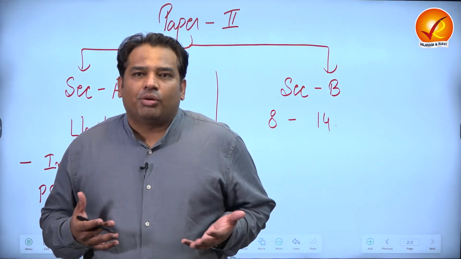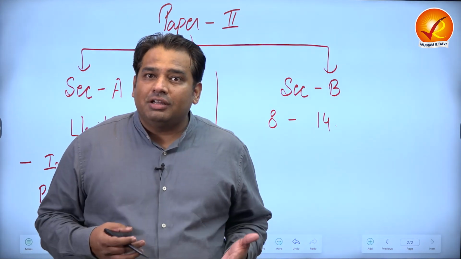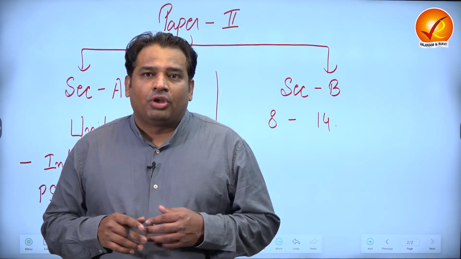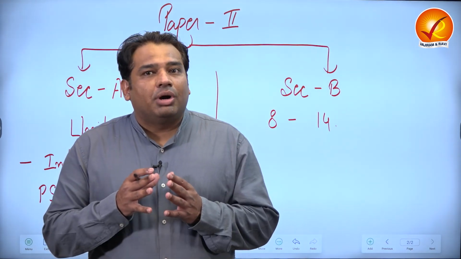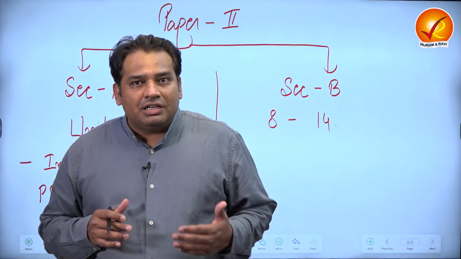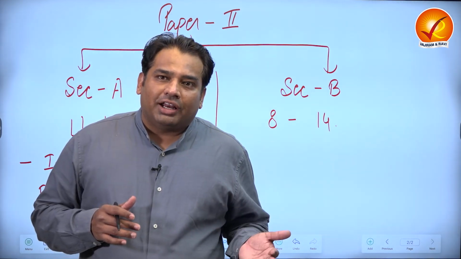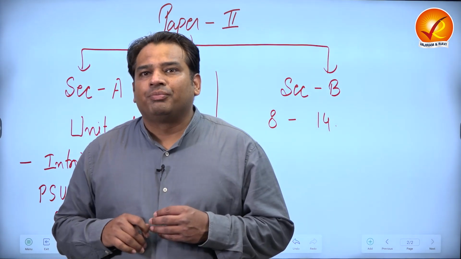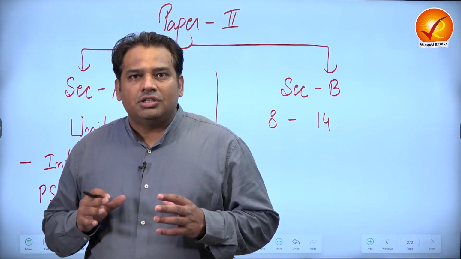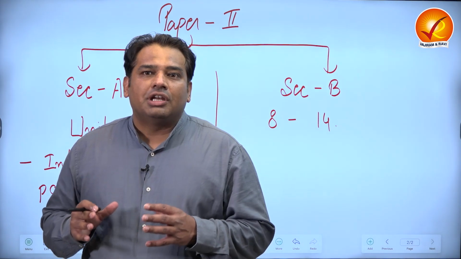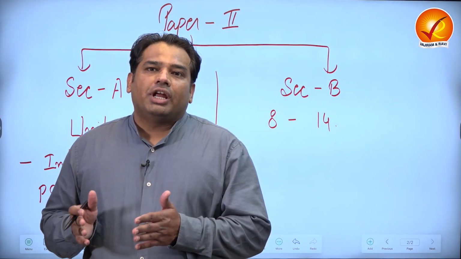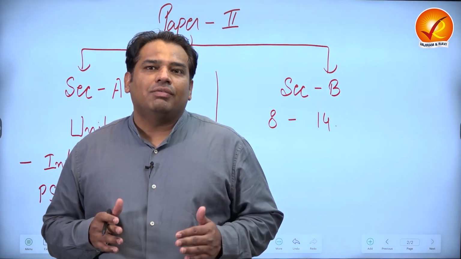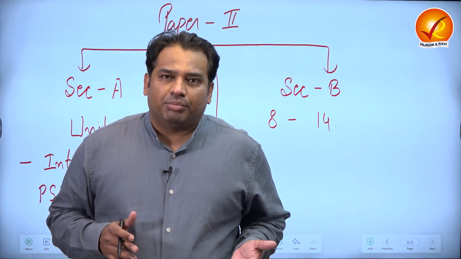Just 3 simple topics exist, and the probability ratio of these is around 33% for each topic. Whereas from unit number 2 onwards, you will find these in direct contact with your polity and governance portion. That means if you cover these units in public administration in detail, it will also enhance your confidence and your scoring approach even for the general studies paper.